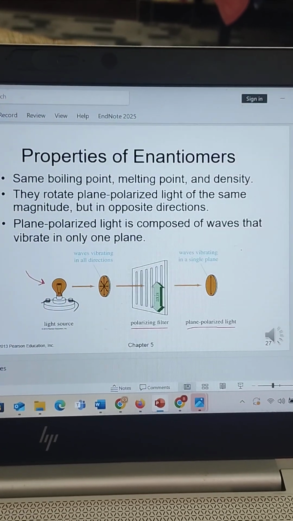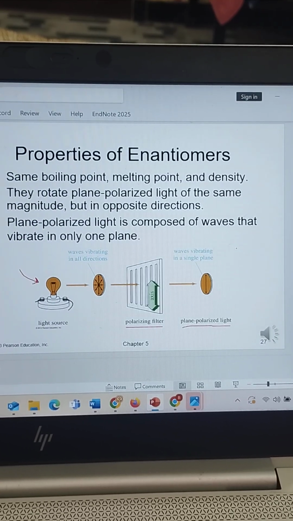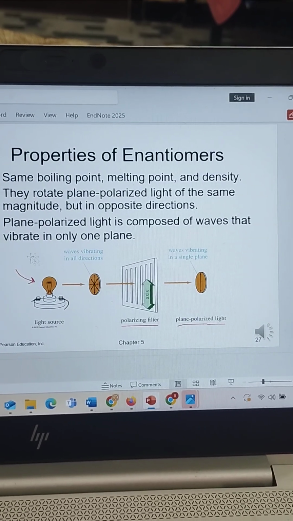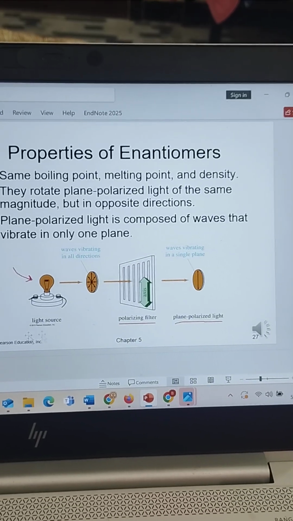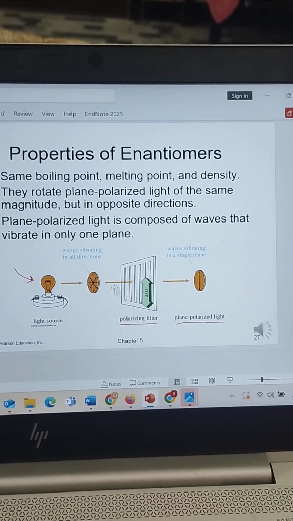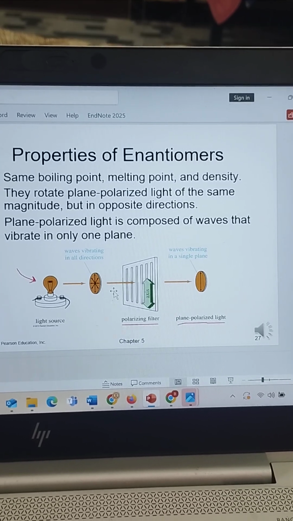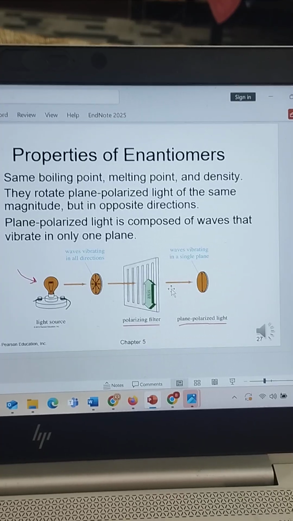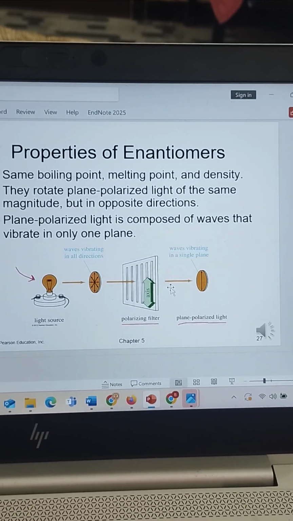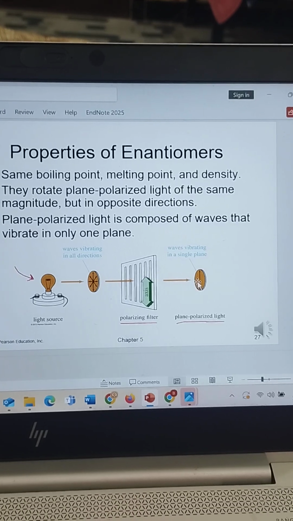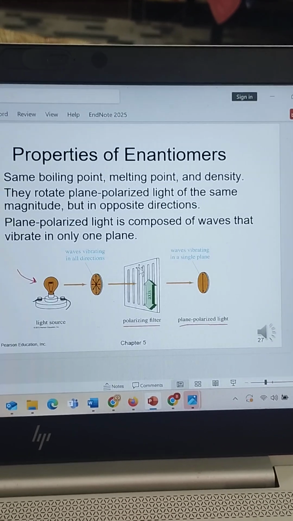Then the properties of enantiomers. Enantiomers are basically capable of rotating plane polarized light. For example, there is a source of plane polarized light, and then we will put a filter on it to gain a monochromatic wave. A monochromatic wave is one which has a single direction. And then we will put a solution of a molecule of R or S configuration.